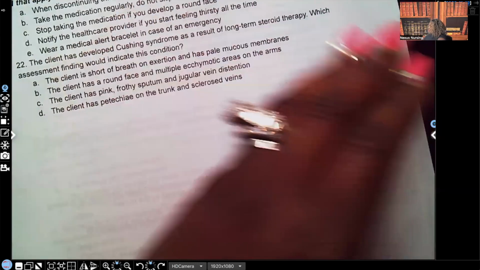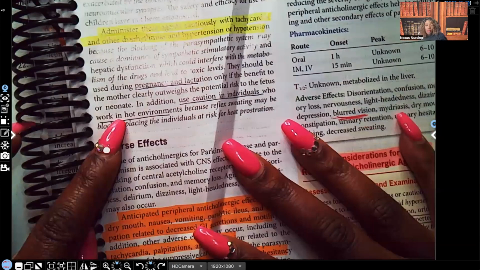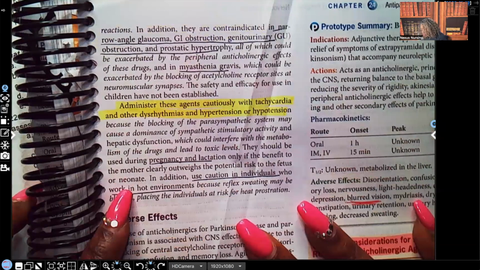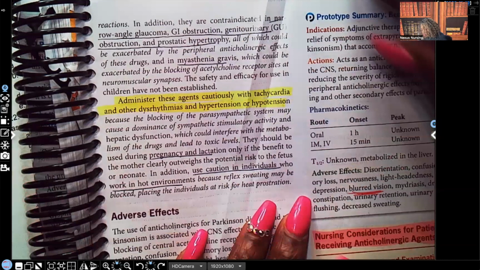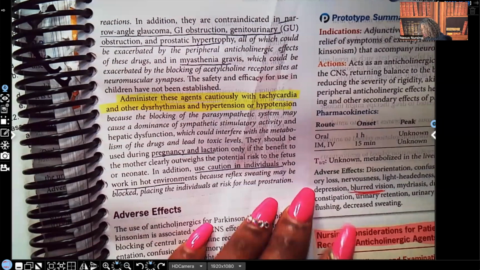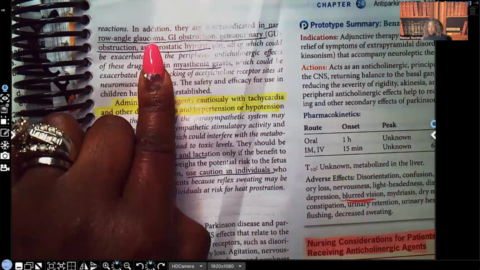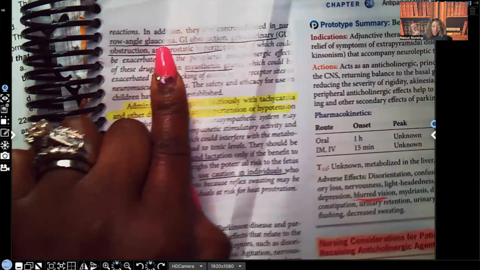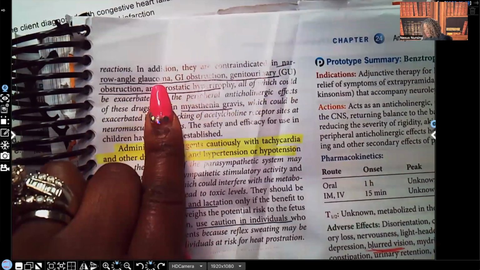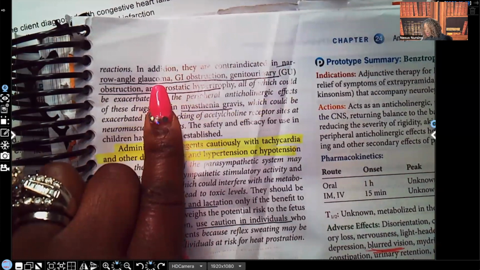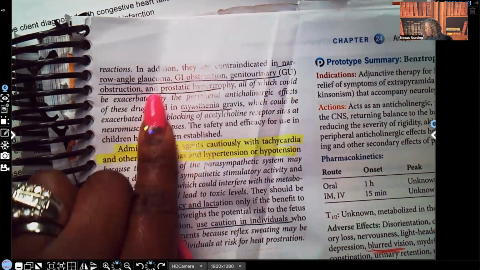Let's look at contraindications, because it has to be in contraindications as well. Right here. There's a glare. Let me see if I can put it closer for you. Can you see that? In addition, they're contraindicated in narrow angle glaucoma, GI obstruction, et cetera, et cetera.